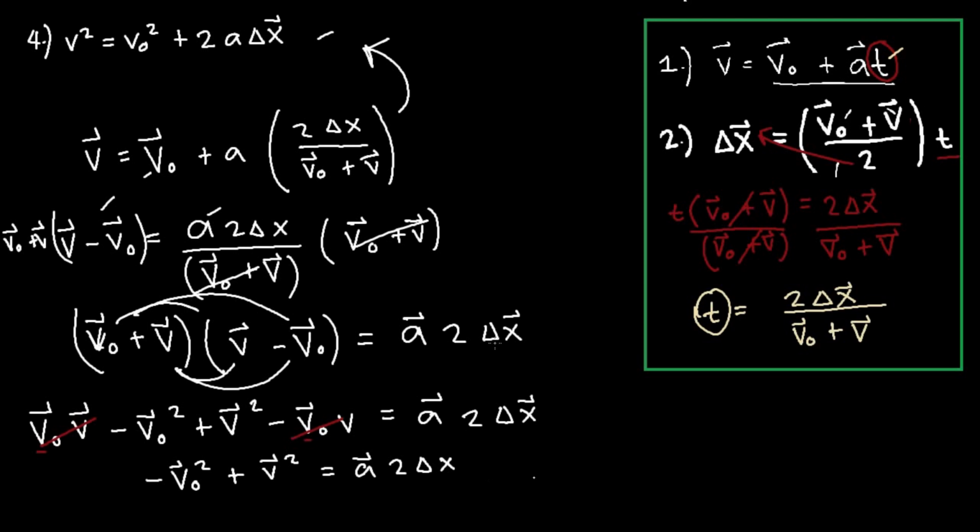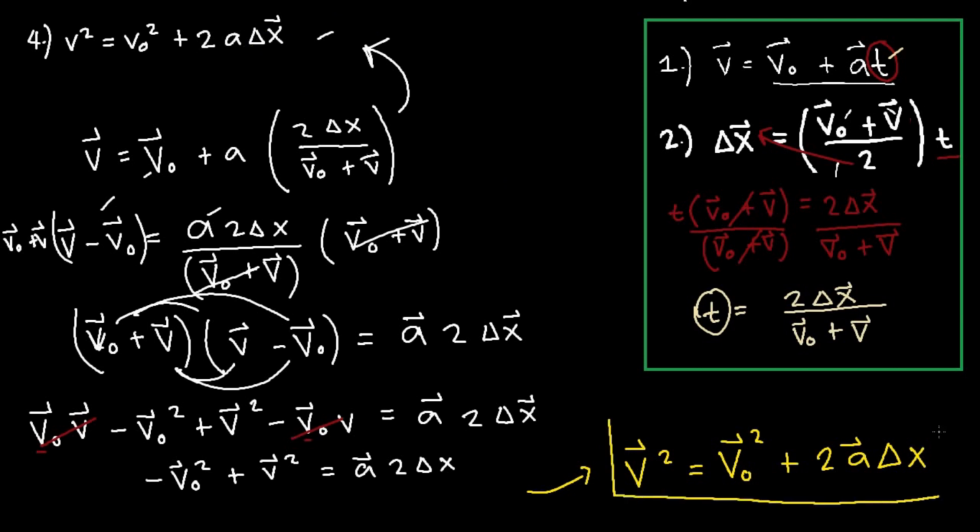So ang mabilin dayon is final velocity squared is equal to initial velocity squared plus 2 times acceleration times displacement para maparehas ani. So yun ni pag-derive sa fourth kinematic equation.